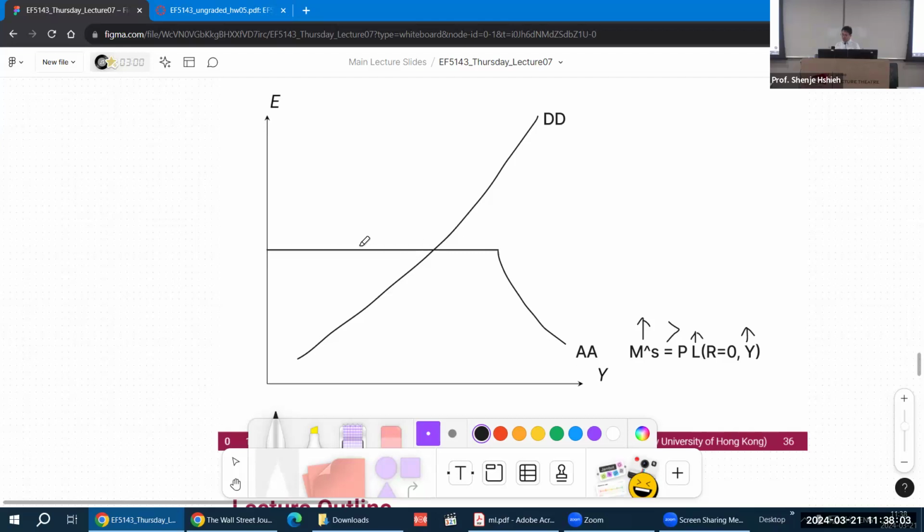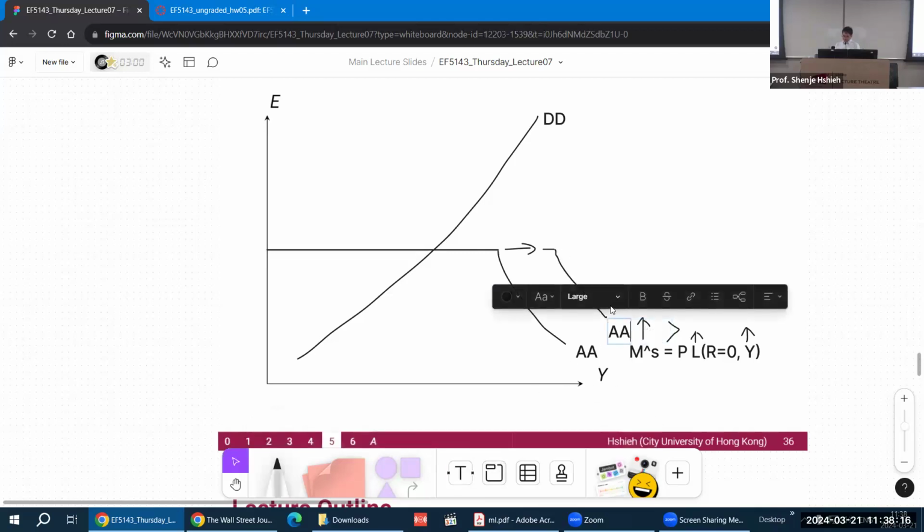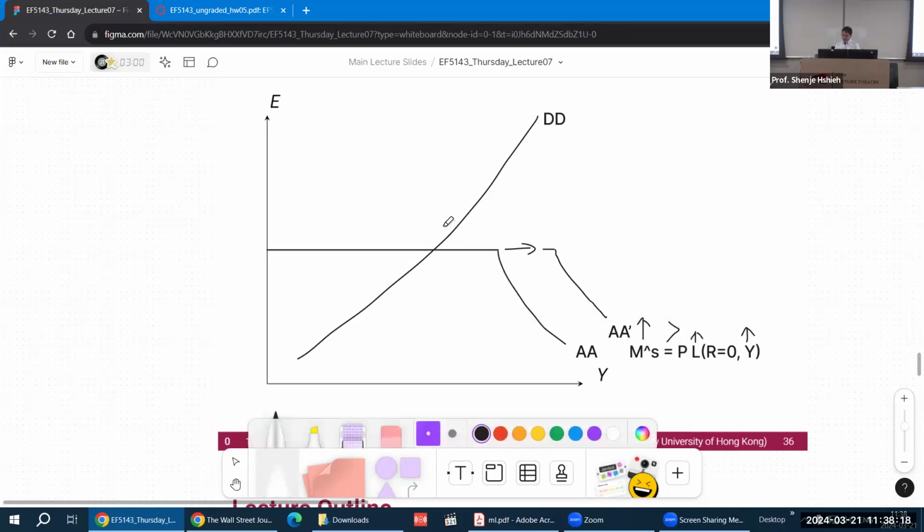So what that means for this AA schedule is that this entire AA schedule is just shifting this way if I increase money supply. So that means I'm stuck at this output level here, right?